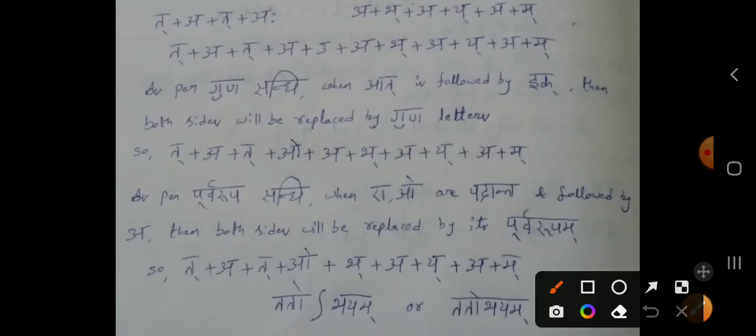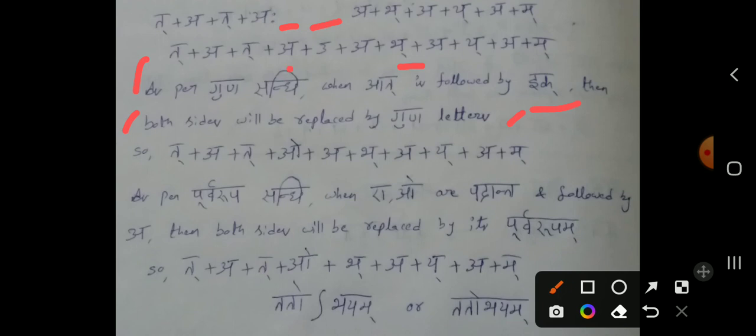As seen in the previous example, Guna Sandhi applies here. Why? Because here A plus U is there. When A plus U is there, what is our condition of Guna Sandhi? Our Guna Sandhi rule is when an Ath letter is followed by an Ik letter, both will be replaced by Guna letters.